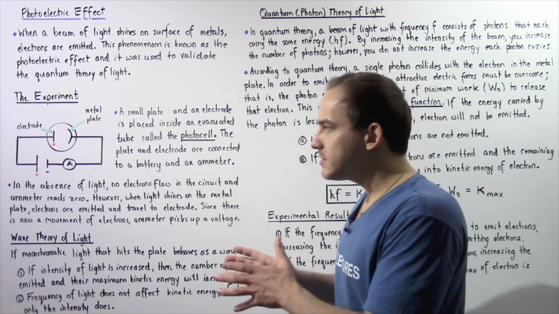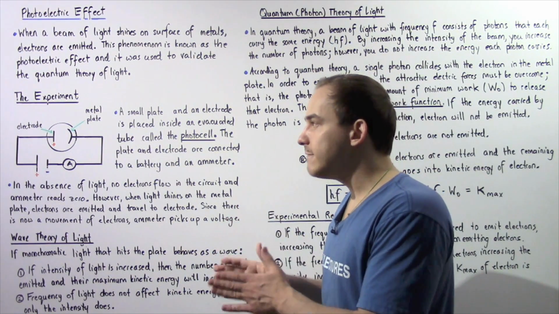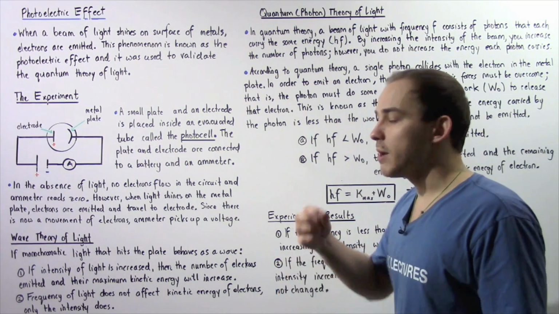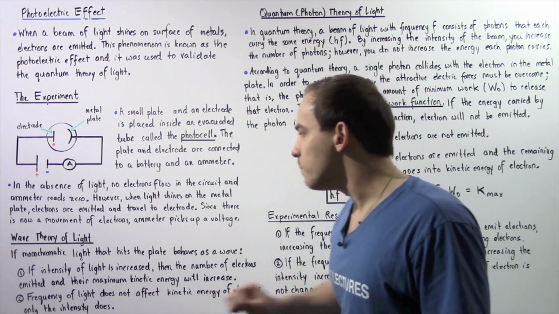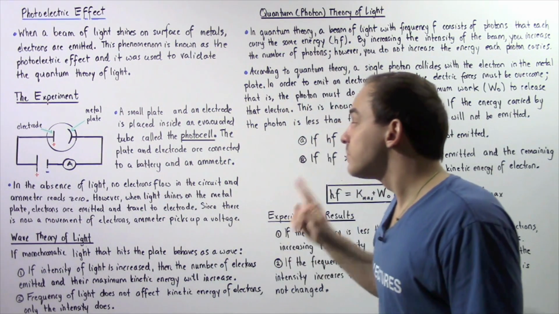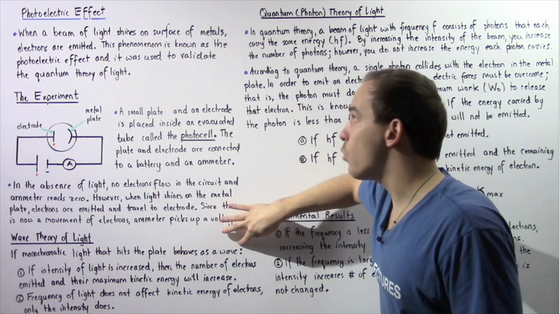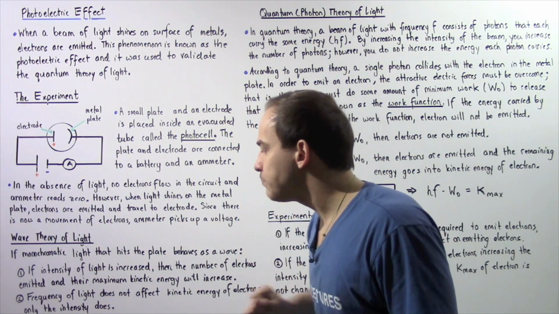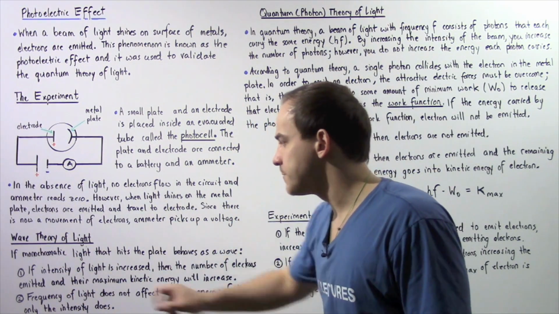Now, if light does in fact behave as a wave and not as a particle, then the following two things must be satisfied. So, if monochromatic light that hits the plate does in fact behave as a wave and not as a particle, then the wave theory of light predicts the following two things.